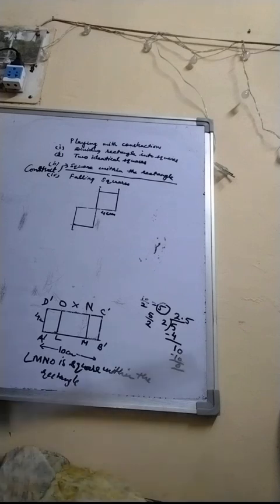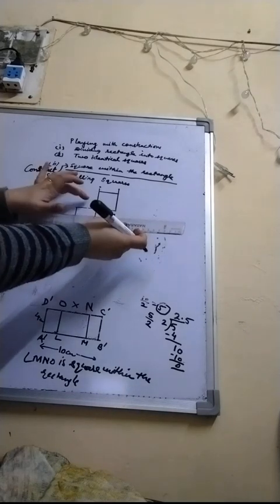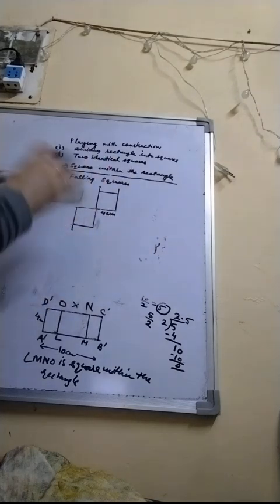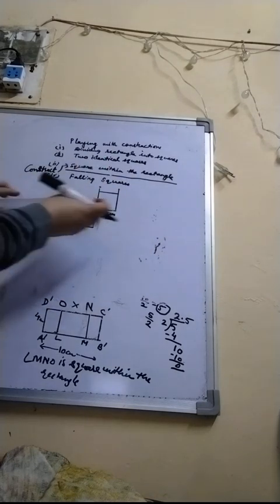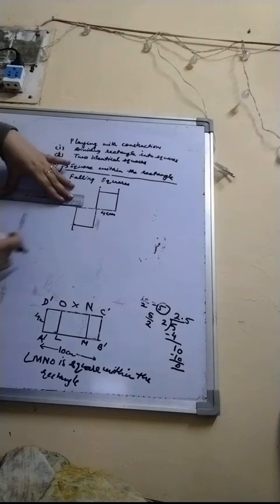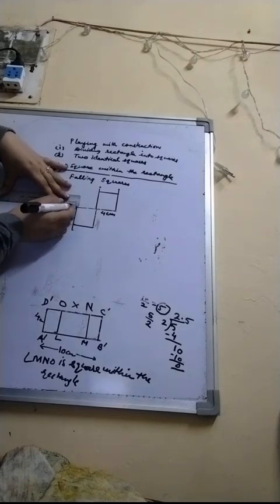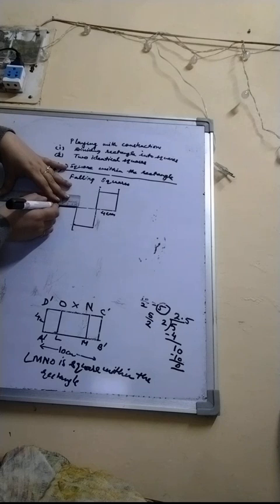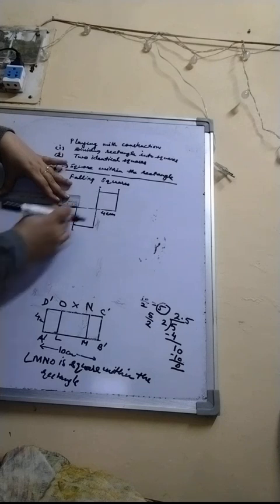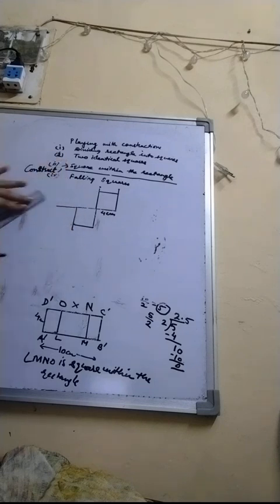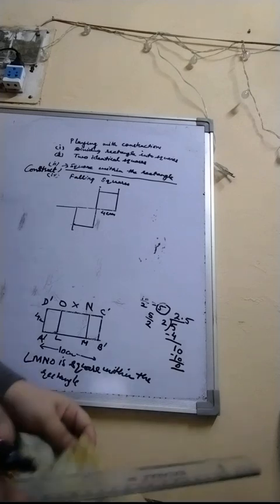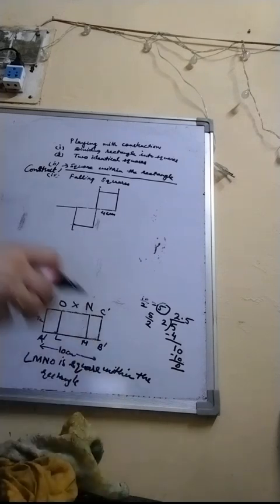Now again what you have to do is extend this line again 4 centimeter. You want the third square. So 4 centimeter here and 4 is already here. Then repeat the process.